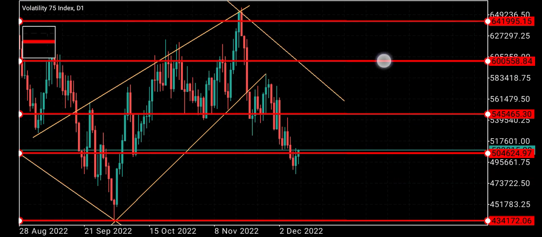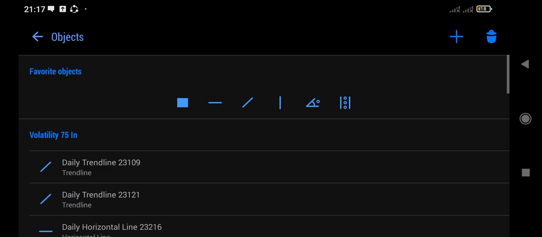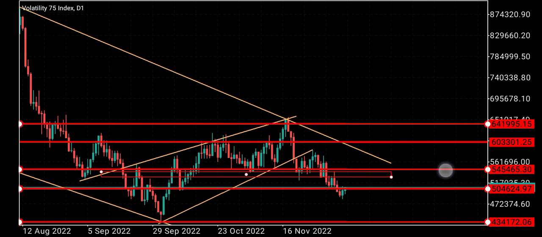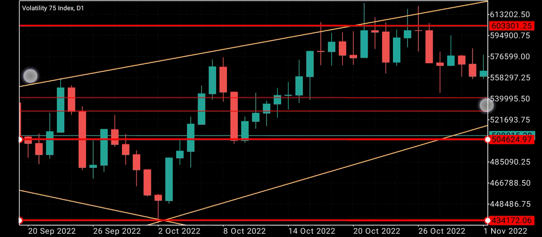Before I dive into lower time frames, I like to turn my horizontal lines into zones. So let's remove that one. Now we make it a zone.